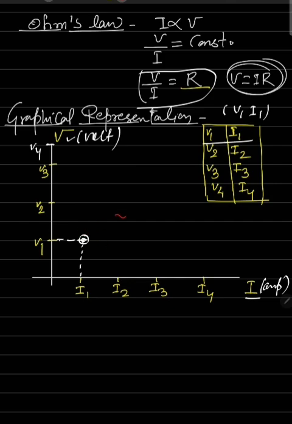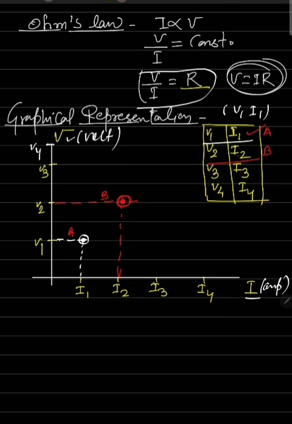That is our point A. Now for the next point, B: B is the intersection of V2 and I2. So extend V2, and also extend I2 vertically. The intersection point between them is B.